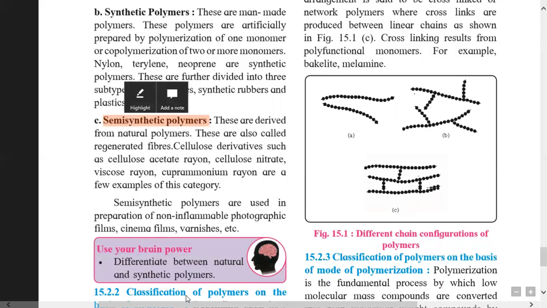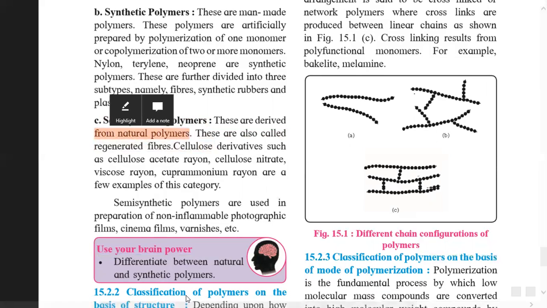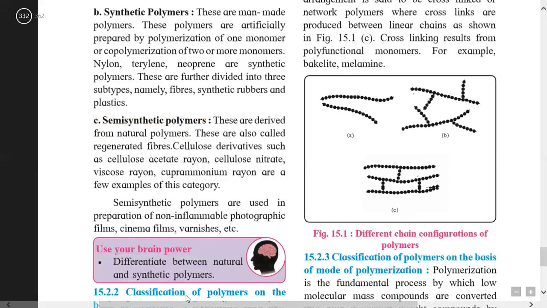Next type is semi-synthetic polymers. This third type is based on origin or the source. So these are derived from natural polymers, that is due to chemical action on the natural polymers, the fibers or the polymers obtained are called semi-synthetic polymers.